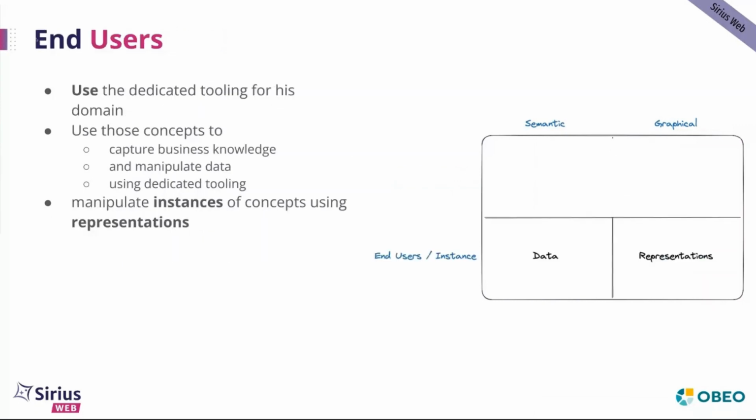On the other hand, the end users will use those concepts to capture some business knowledge and manipulate those pieces of data using some dedicated tooling. The end users will manipulate instances of those concepts thanks to the representations.